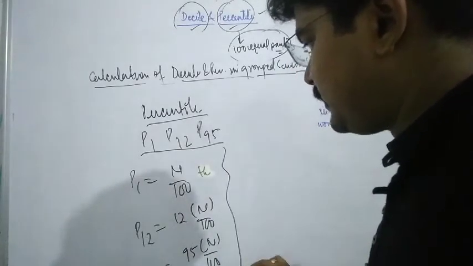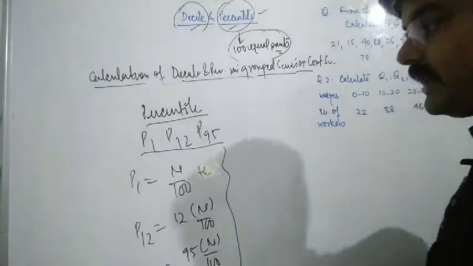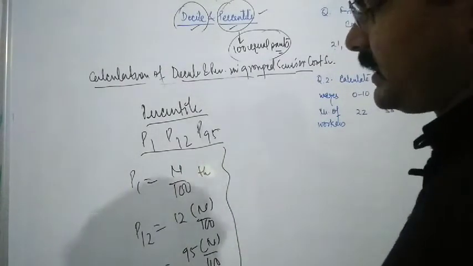After calculating the class interval value, we have to use the next formula to calculate the exact location of P1, P12 and P95.